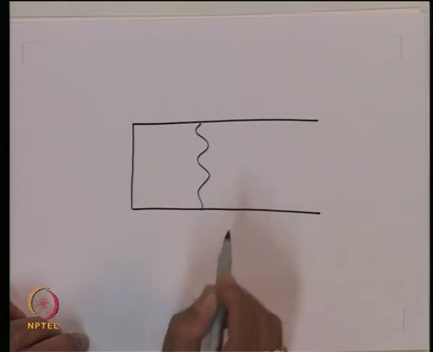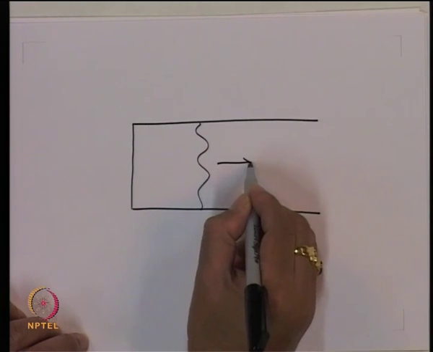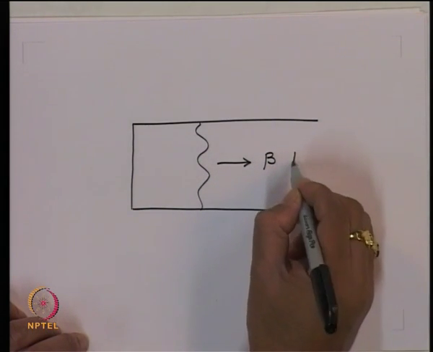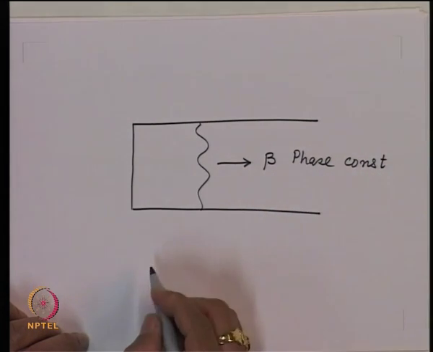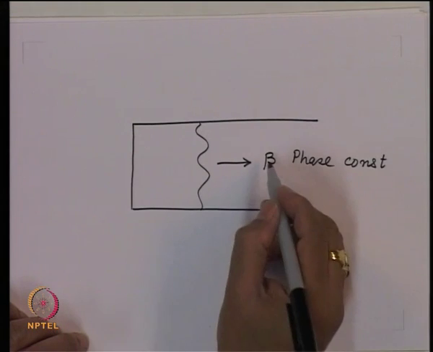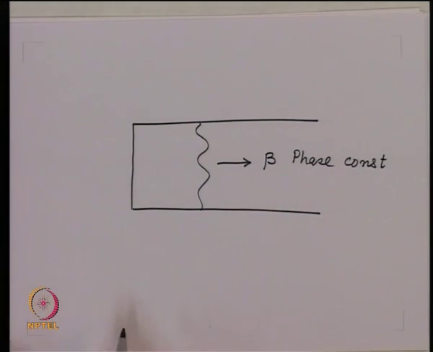So, the basic relationship which we have for the propagation of electromagnetic wave, light also is an electromagnetic wave, is the relationship between the phase constant which we defined earlier as beta and the frequency omega. So, let us say if I had a certain field distribution here which travels with a phase constant beta. And this phase constant now is a function of frequency.